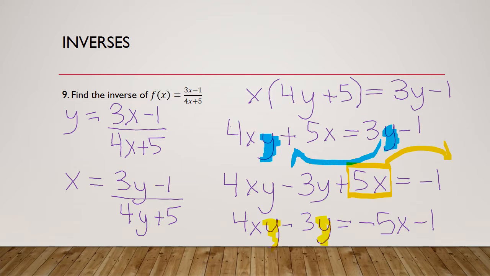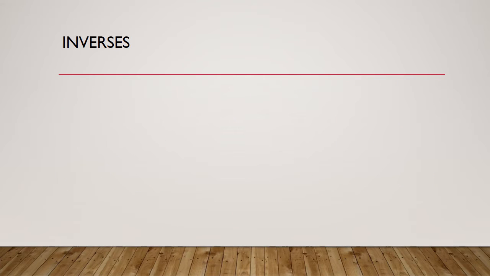So now what's nice is that I have all my y's on one side. I've got a y here and a y here, and they're both on the same side of my equals. So I can factor that off. I'll factor the y off the left-hand side, so I have y times (4x - 3) equals -5x - 1. So 4x - 3 is in parentheses.